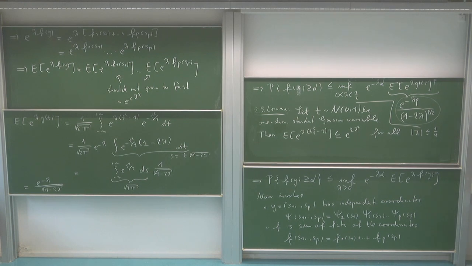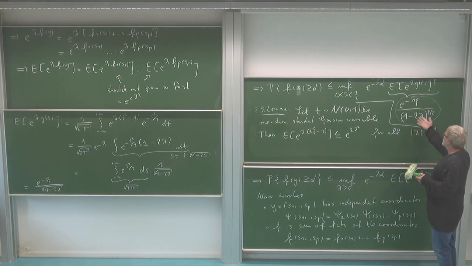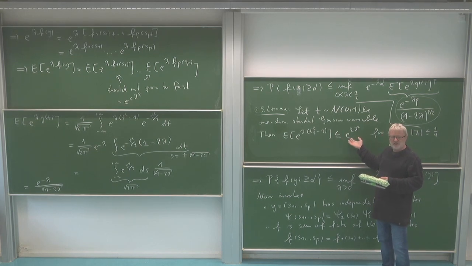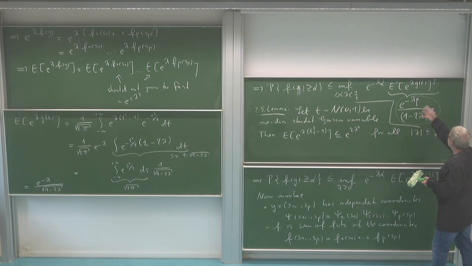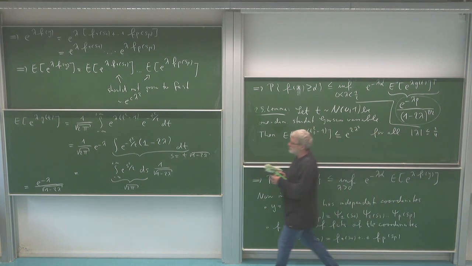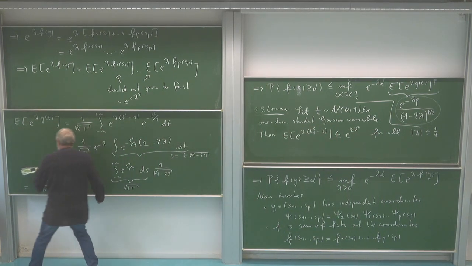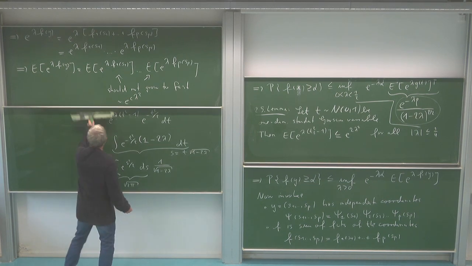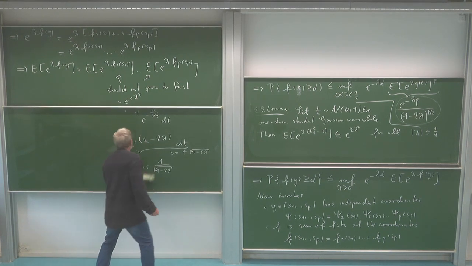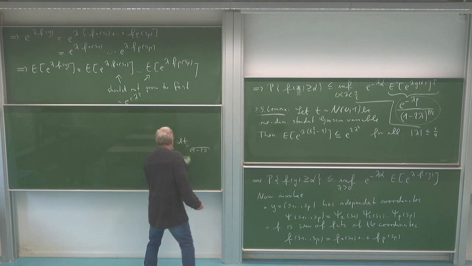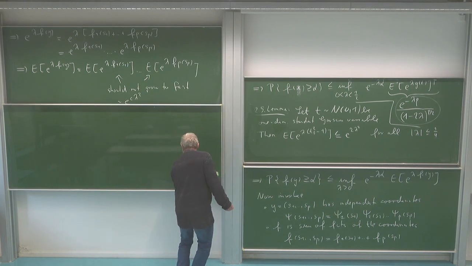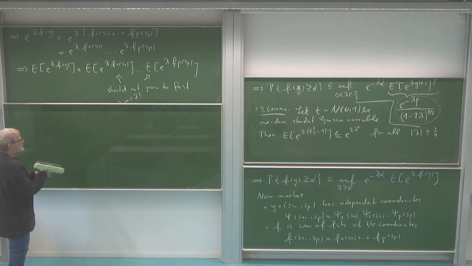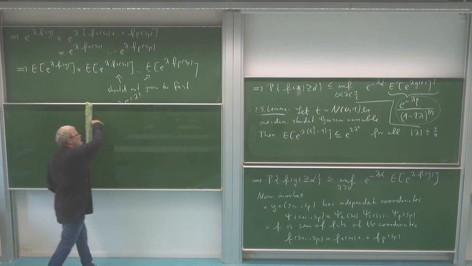In particular, it might not be clear why we should get here something like e to the lambda squared. Even if you look on this, might not be so clear. You can prove it somehow, but if you don't know what you want to prove, it might not be so clear. So maybe I also do estimates for the moments where maybe it's getting a bit clearer, or the estimates show you more or less what you get.